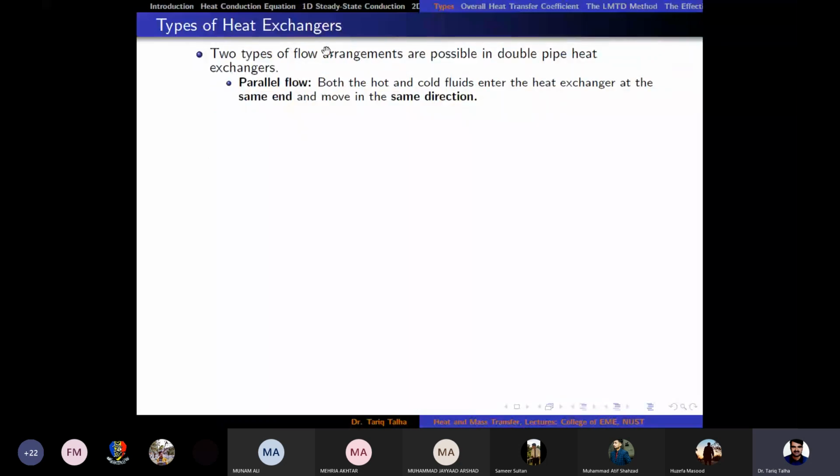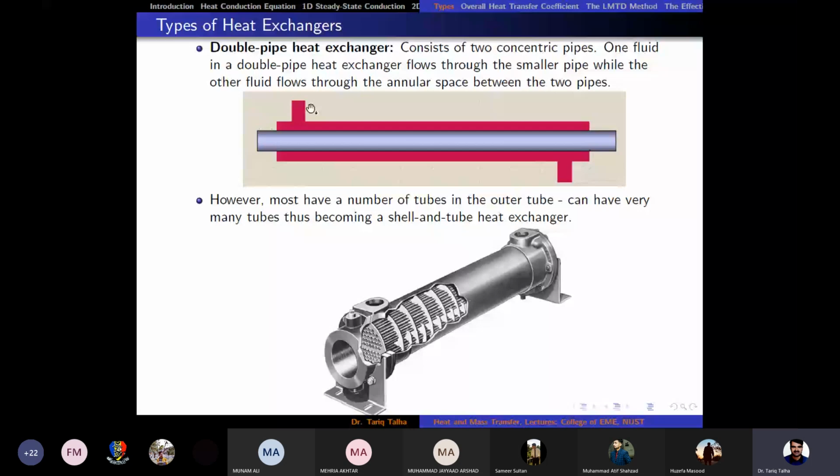Okay ji. So now we have got two types of flow arrangement for the double pipe heat exchanger. One is the parallel flow, in which both the hot and cold fluids enter the heat exchanger at the same end and move in the same direction. So the hot fluid is entering from the left hand side and cold fluid is also entering from the left hand side, and then they go out from the right hand side.